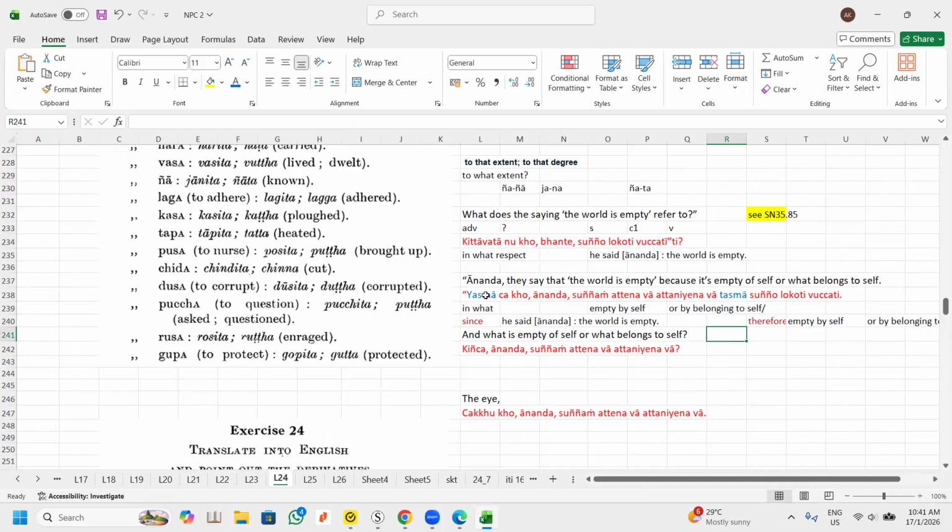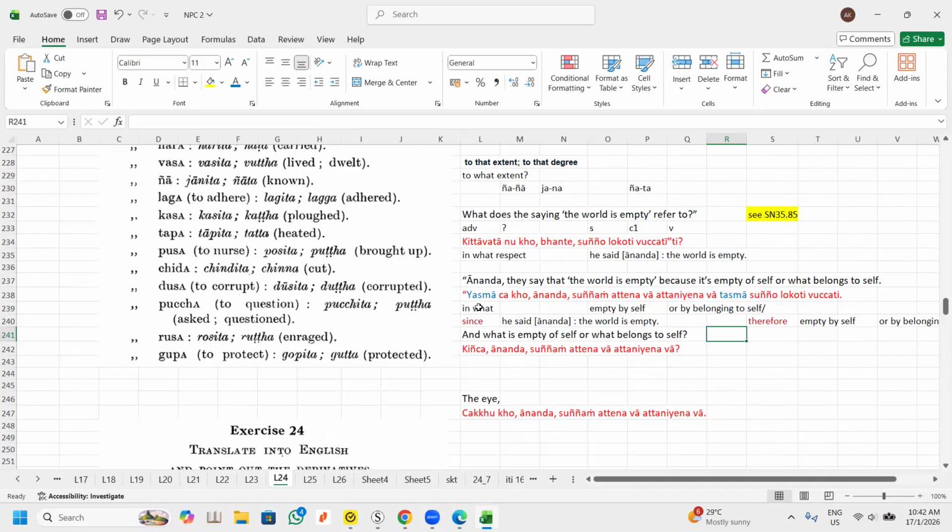Normally we change this pairing from the ablative into this mode: since, and then therefore. This is one way. You cannot get a direct translation. In this case, even though it's ablative, it can mean in what. You see, here it is in what, in what respect.